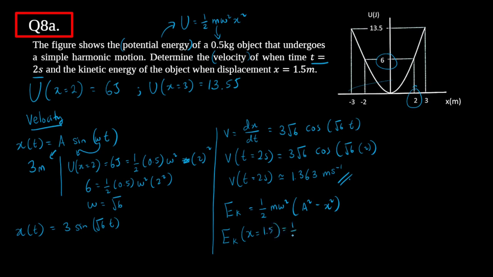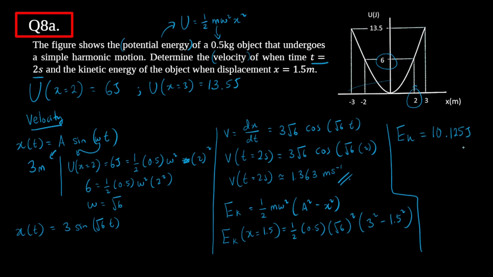That is going to be half times 0.5 kilograms times the square root of 6, squared, so that is omega squared. And then I'll have a squared, so 3 squared minus x squared, 1.5 squared, and that would leave me with 10.125 joules.